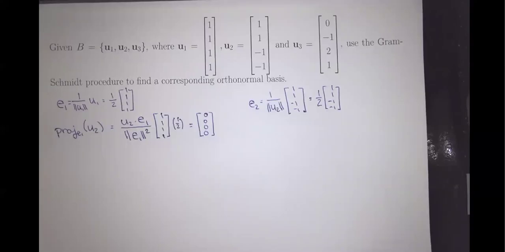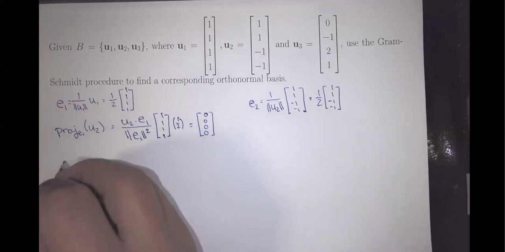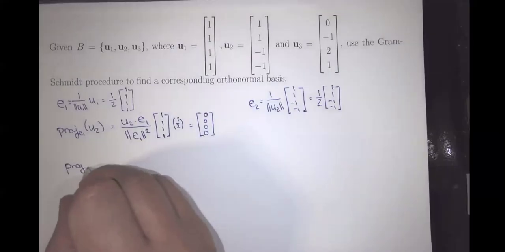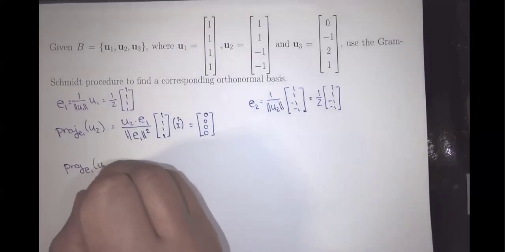Now that we've got our E1 and E2, we need to orthogonalize our U3 against E1 and E2. So we need to figure out the projection onto E1 of U3.